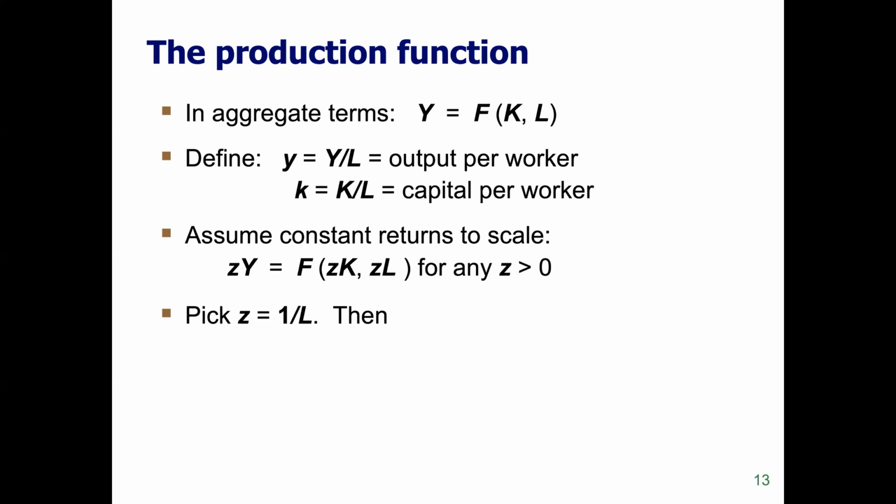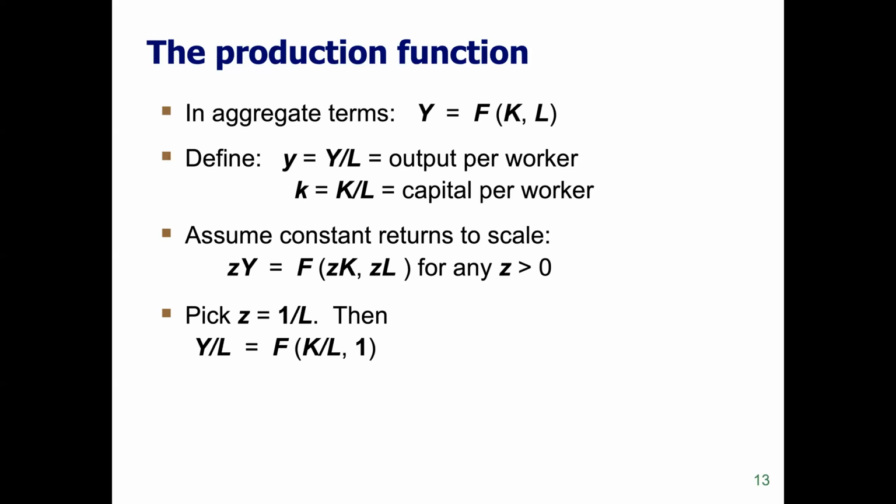But this makes it easy to transform into terms of the little letters, because instead of doubling, suppose we multiply by 1 over capital L. Then we find that Y over L is a function of K over L and L over L, but L over L is just 1.